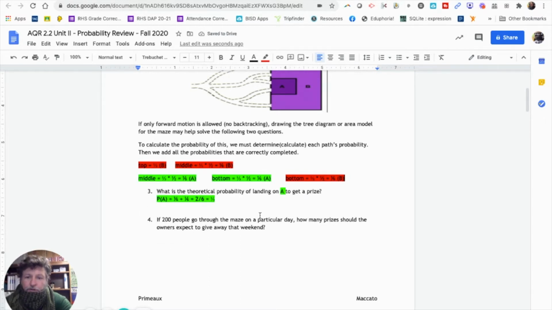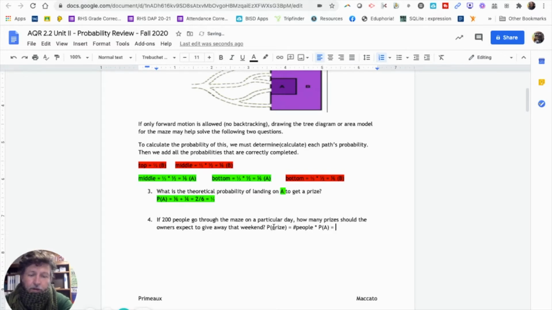Okay, if 200 people go through the maze on a particular day, how many prizes should the owners expect to give away that weekend? Well, we know that the probability of going to A, okay, and if that's the way we're going to get it, you must actually understand that 1/3 of the people that go are going to get a prize. So the number of prizes equals the number of people times the probability of A. That makes sense?